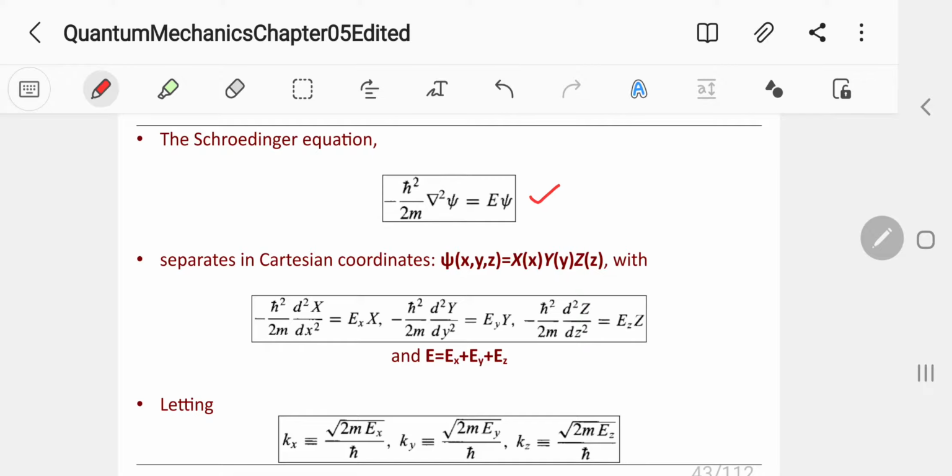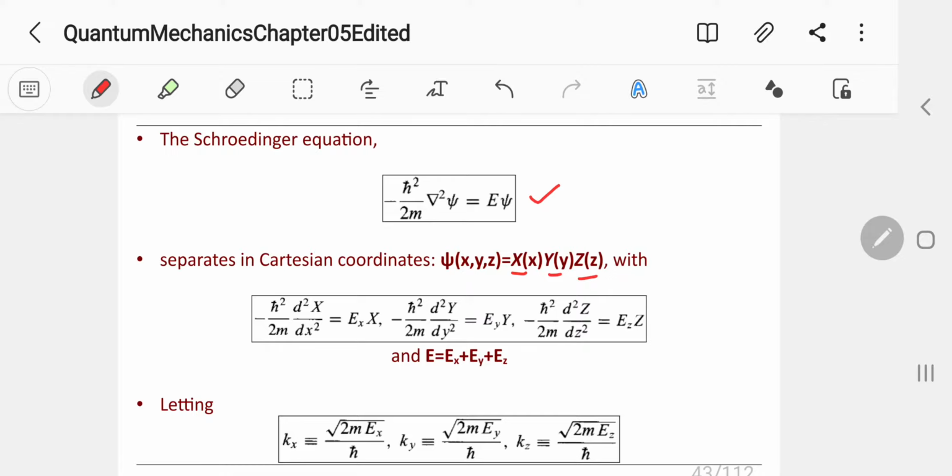So in Cartesian or rectangular coordinates, you can separate psi into a product of single-coordinate functions, just like what we did in the previous chapter.